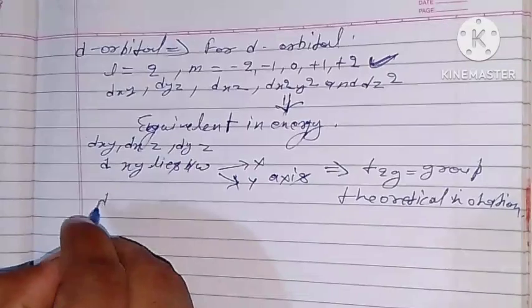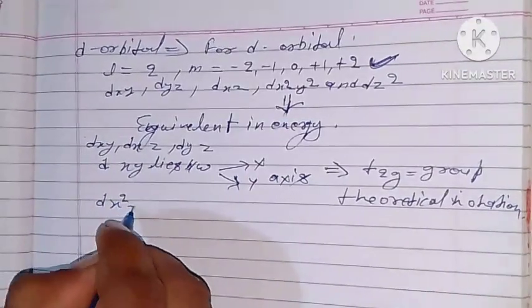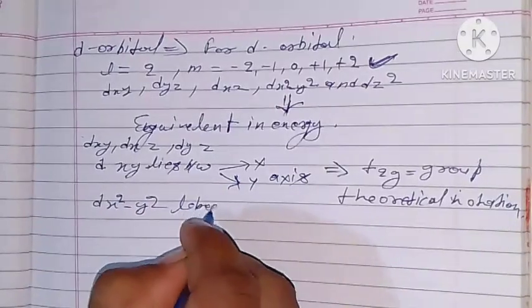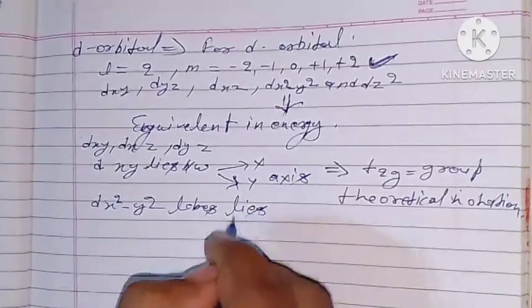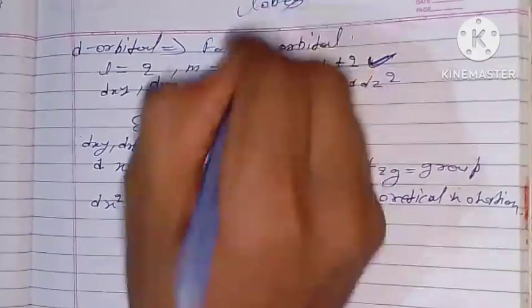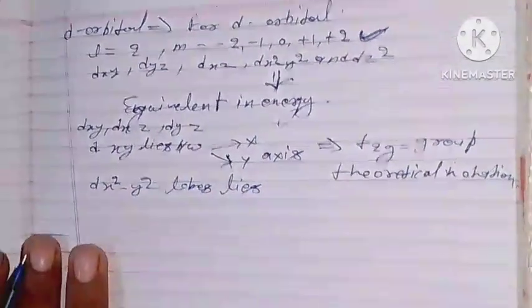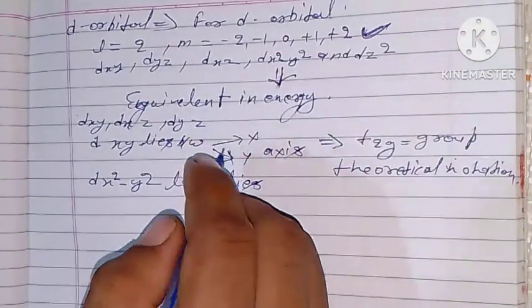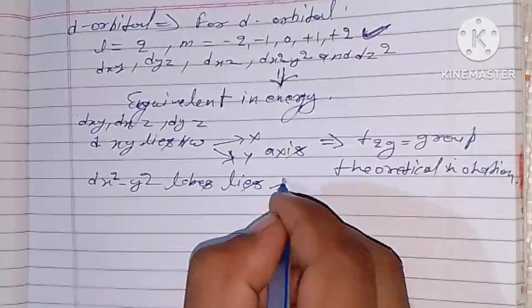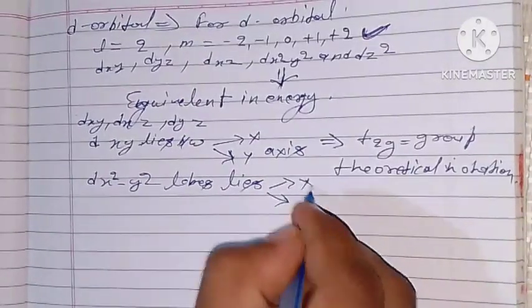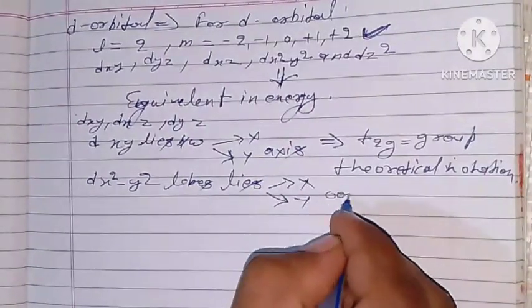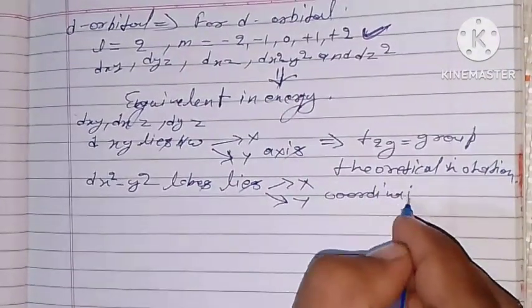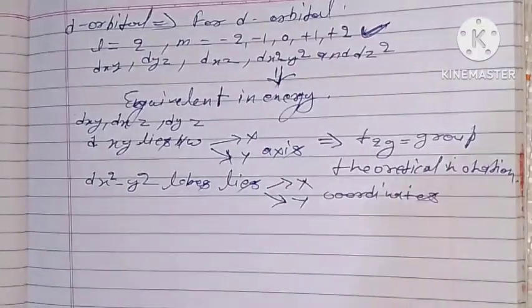However, in dx square minus y square, the lobes lie along the x and y coordinate axes.